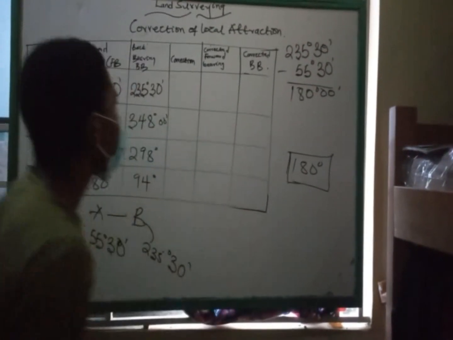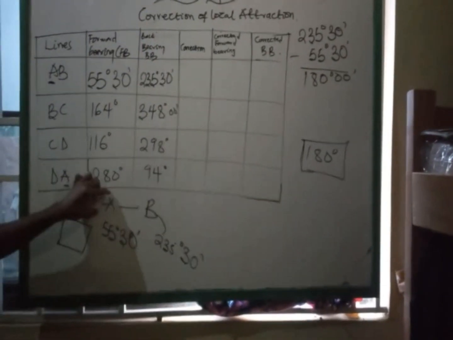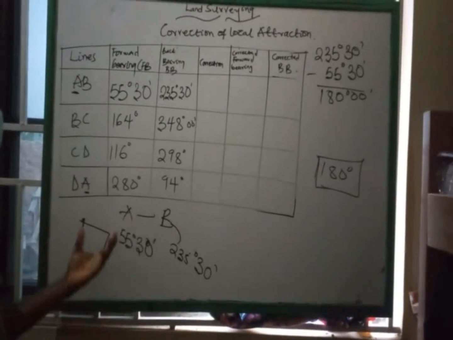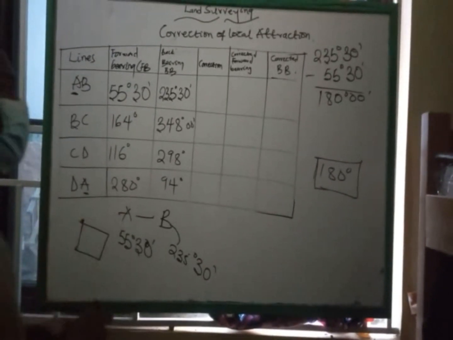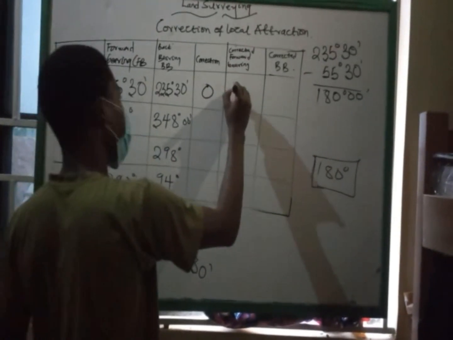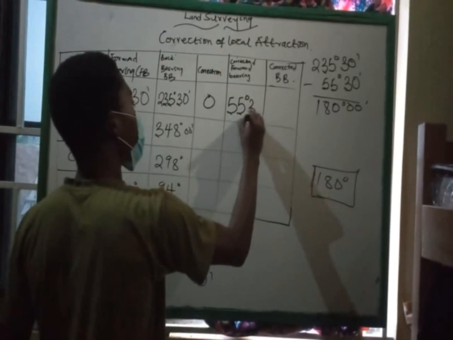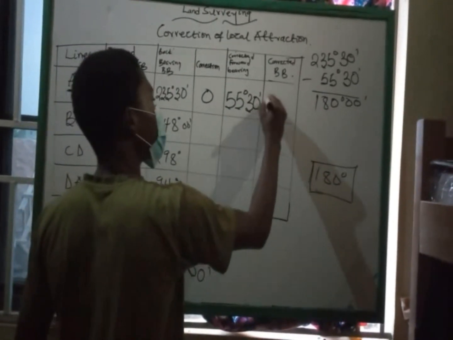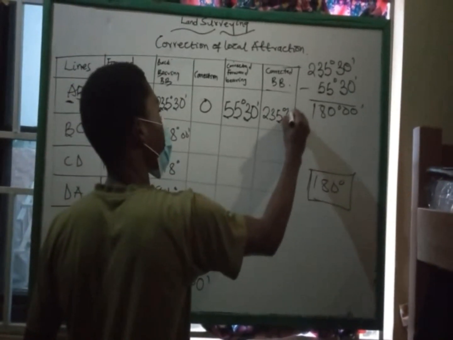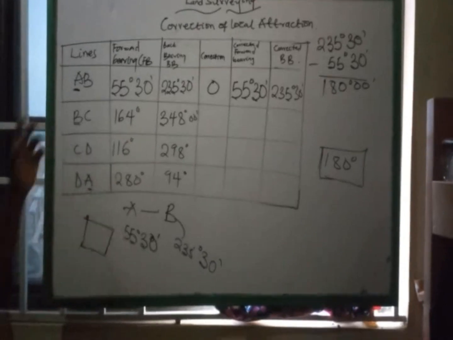And that gives us 180, meaning that no correction is needed from the sighting point of A to the point B. That shows that there was no local attraction at this very station. So we keep 0 here, and we write our corrected forward bearing, which is 55 degrees 30 minutes, and again 235 degrees 30 minutes.